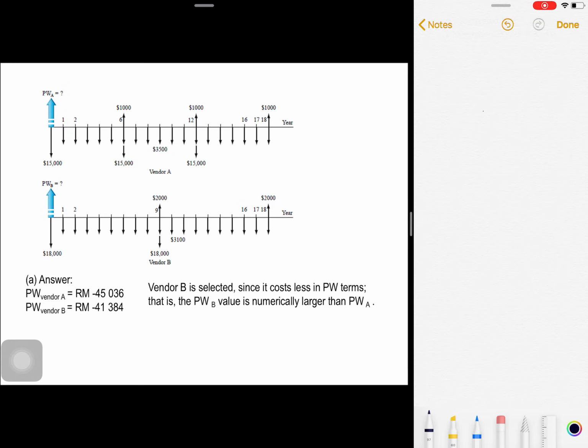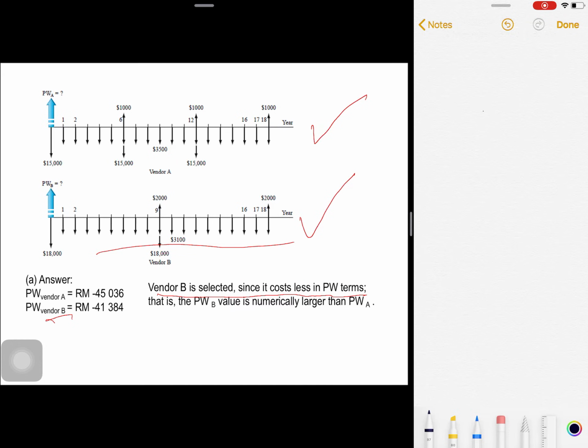So how do we do this? We have two different cash flow diagrams: first PWA, for vendor A, and then the one for B. From this, we computed that the PW for vendor A is negative $45,036, and vendor B is negative $41,384.